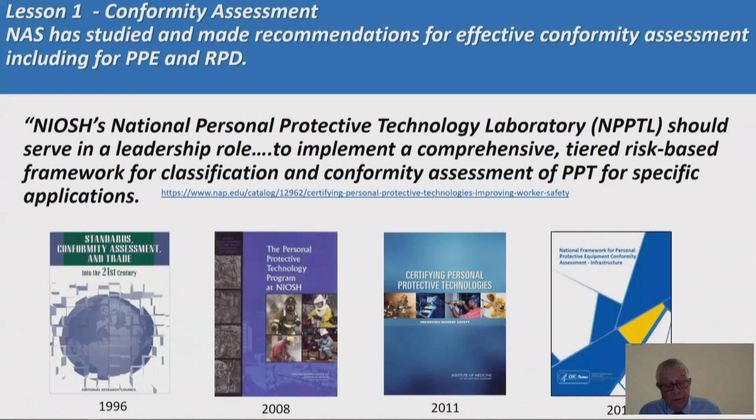NIOSH delivered. In 2018, working with 30 public and private sector organizations, NIOSH published a conformity assessment framework. You'll hear more about that tomorrow in session 4. These 4 documents, I think, are key in guiding the NAS's panel work in this area. Next slide.